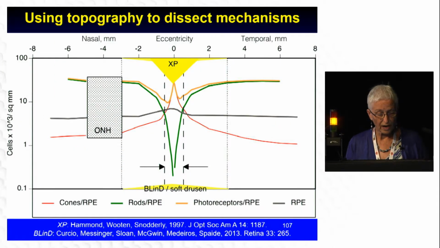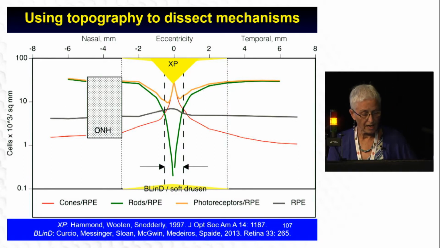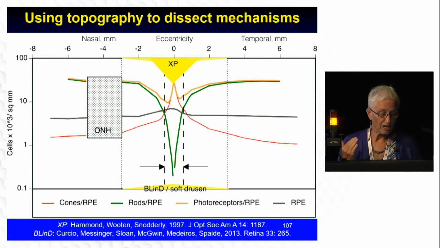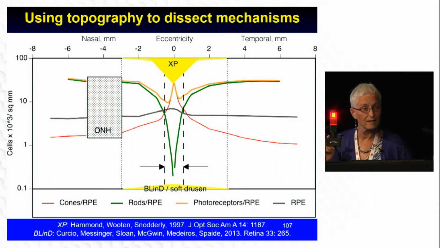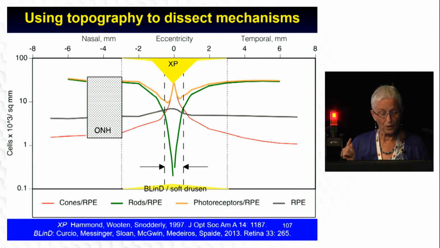Now, if we go and look at that in more detail, here I've calculated, I just noticed that the x-axis is wrong. These are ratios. So what's plotted here is the ratio of photoreceptors to RPE. Here is the limits of the macula.